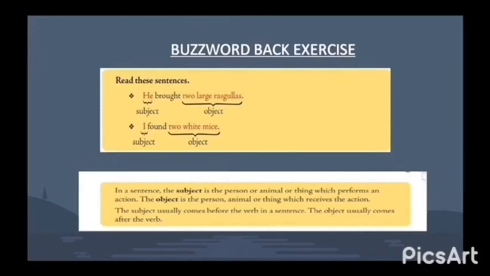The object is the person, animal, or thing which receives the action. The subject usually comes before the verb in a sentence. The object usually comes after the verb.